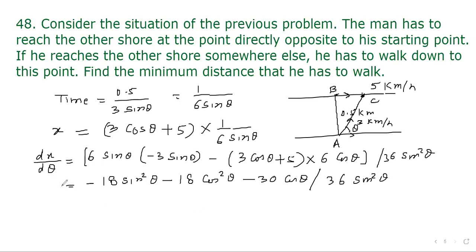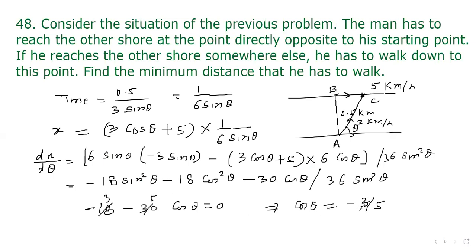For maximum or minimum, dx upon d theta must be 0. So from there we get minus 18 minus 30 cos theta equals 0, or cos theta equals minus 3 by 5.